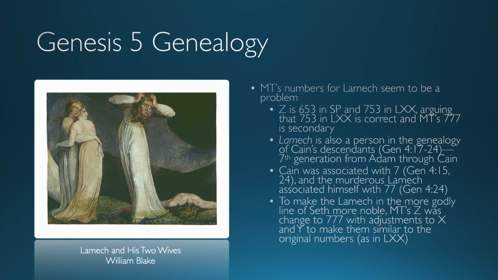Right? Now you've got a Lamech here in the godly line of Seth. So we've got to make him more noble than the murderous Lamech. So we'll adjust his numbers to 777. And this is a case where I think the Masoretic text has an intentional change.